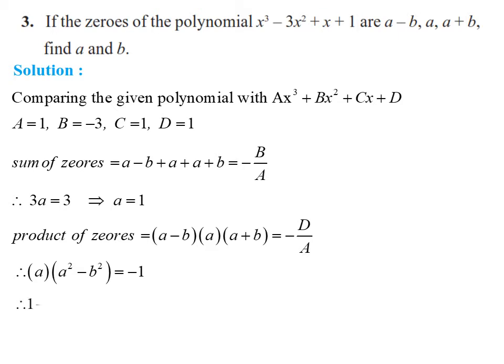Putting this value, I get 1 minus b square equals minus 1. So you get b square equals 2. Therefore b becomes plus or minus root 2. So you find a comma b can be written as 1 comma plus or minus root 2, or you can also write it as 1 comma plus root 2 and 1 comma minus root 2. So this is your third question. Now the next question.